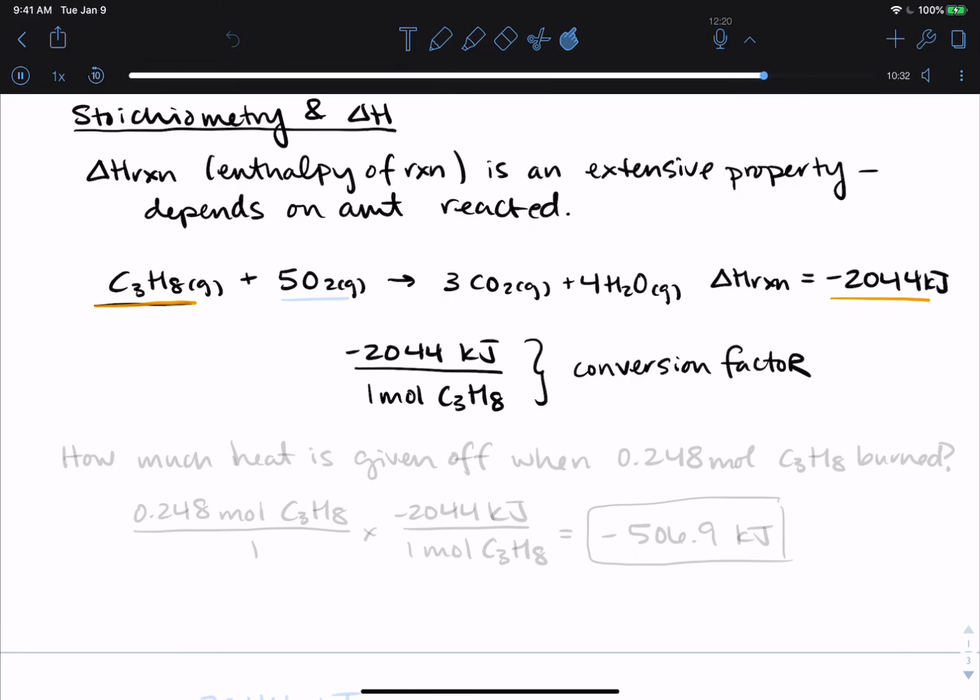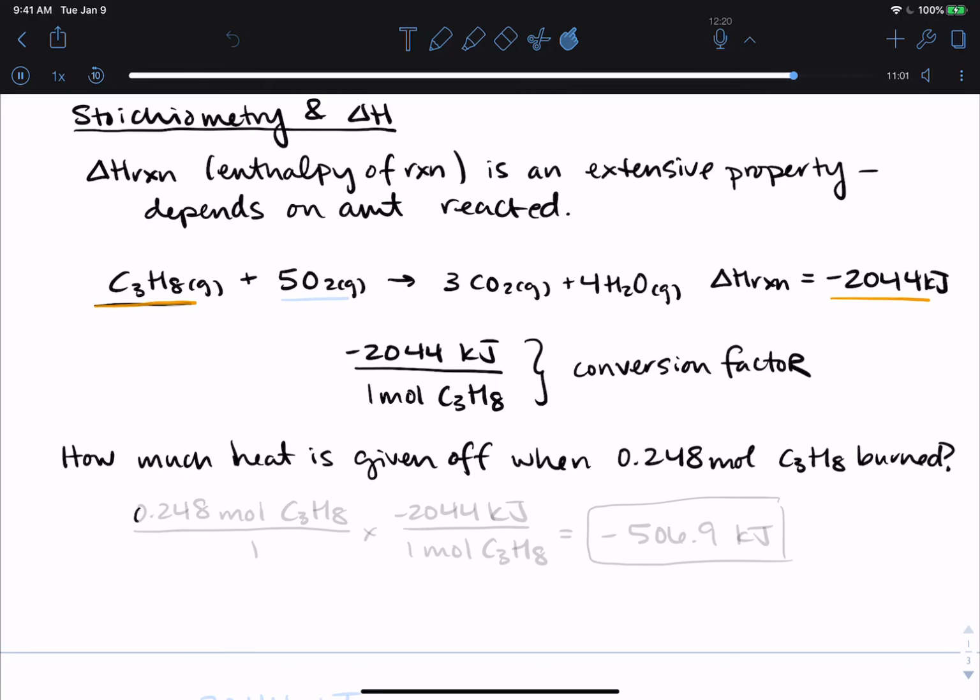So if you wanted to know, for example, how much heat is given off when 0.248 moles of C3H8 is burned, you could calculate this, right?